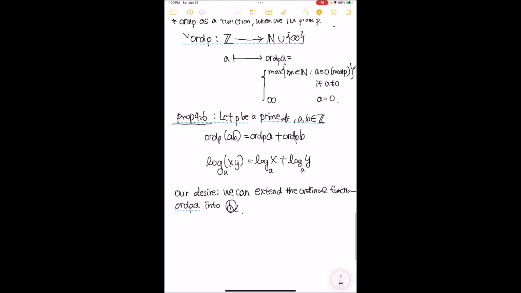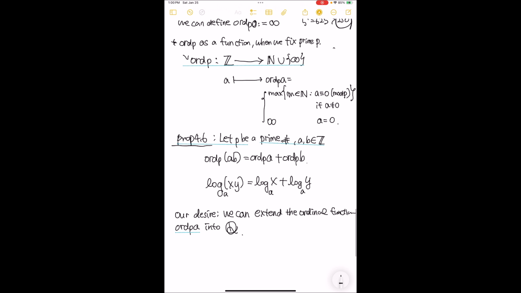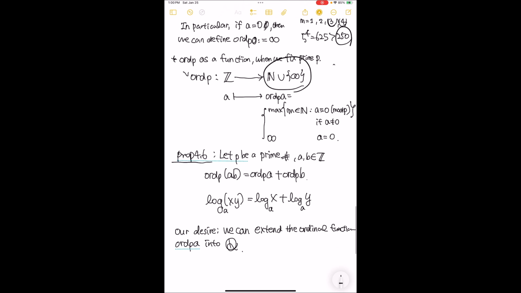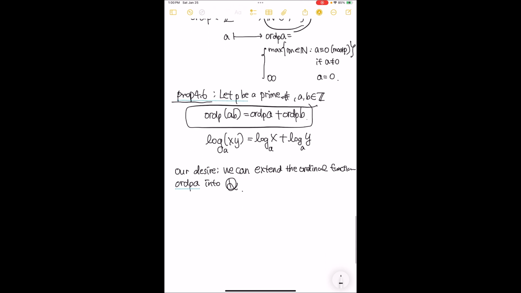It is strange because the ordinal function must spit out an integer, okay? But based on the following proposition, we dare to define it.